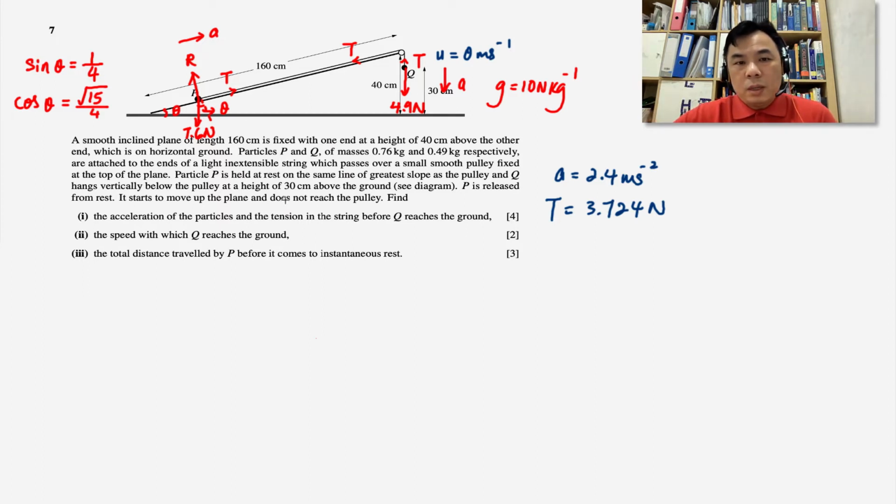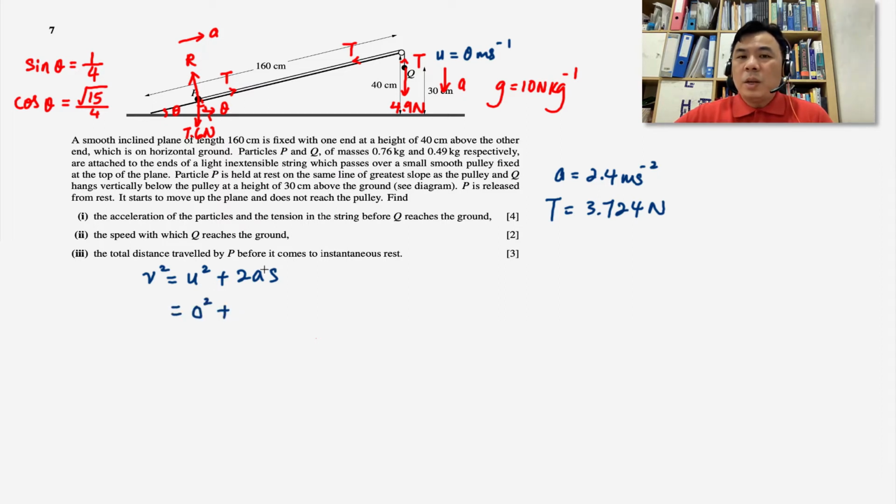In this case, without the information of time, the best SUVAT equation to use will be v square equal to u square plus 2as. Here v is the speed of the particle Q just before it touches down, and u, we know that initially it was 0 meter per second. So we substitute that.